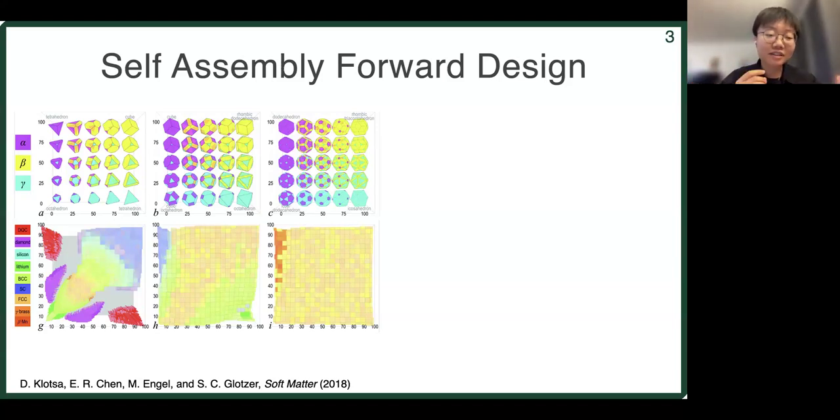This shows a disadvantage of the forward approach: we don't really know where the interesting regions are. And there are also these gray regions. In that paper, they didn't observe any structures there, but that doesn't mean nothing is forming there.